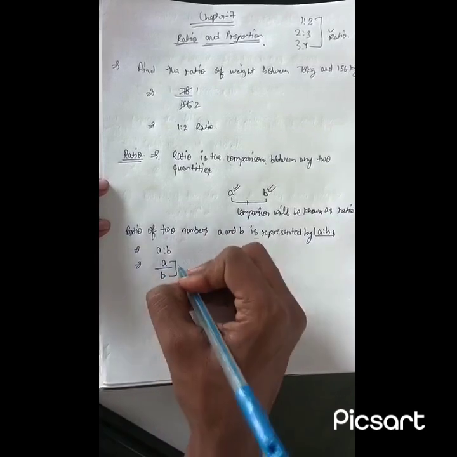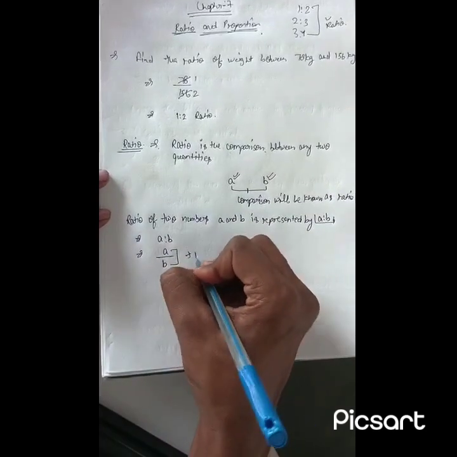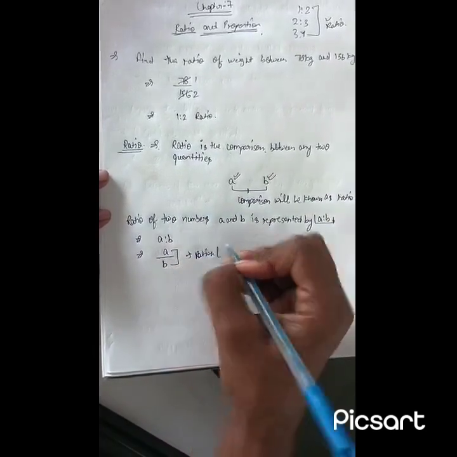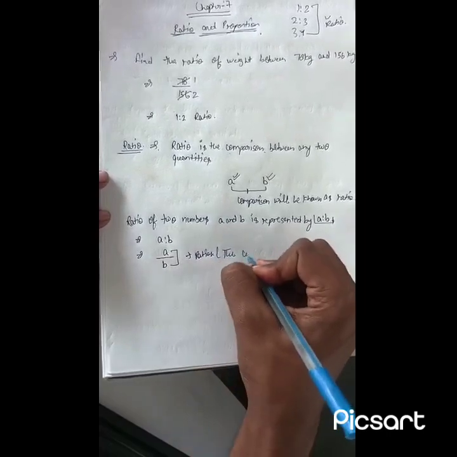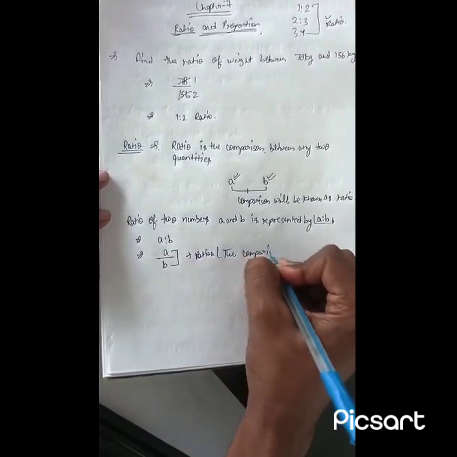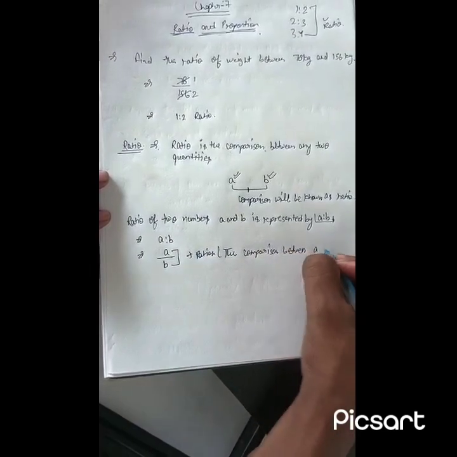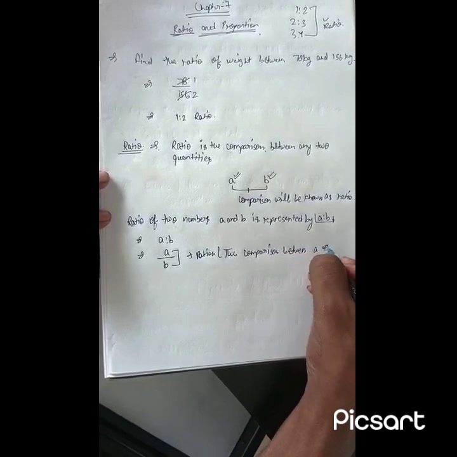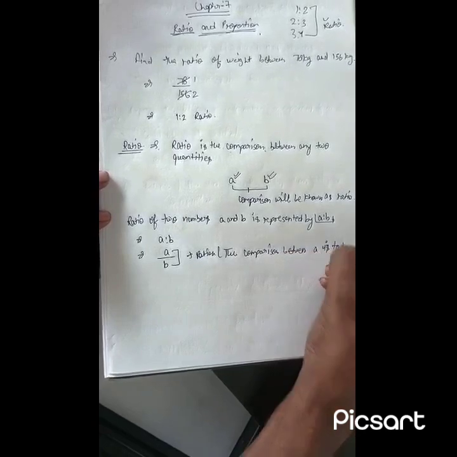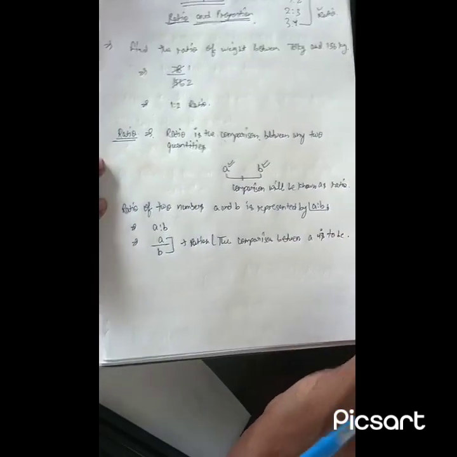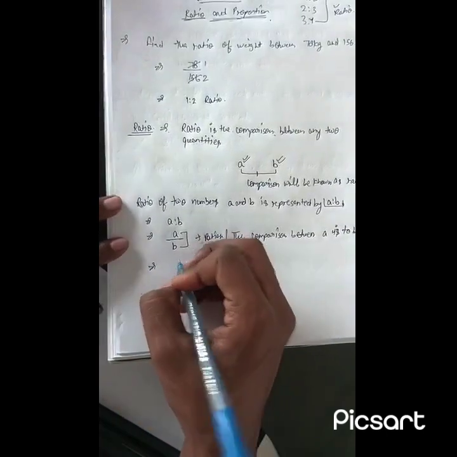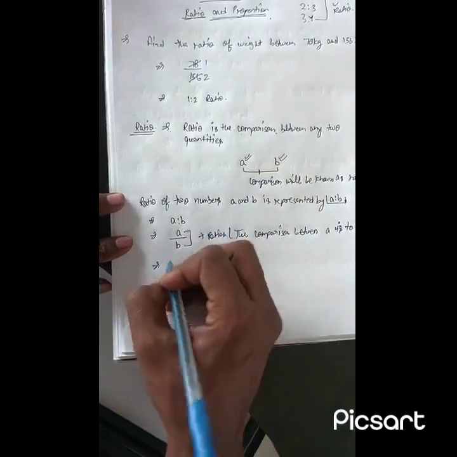The simple comparison between A and B will be known as your ratio, or the comparison between A is to B. Understand? From here, let's take an example.